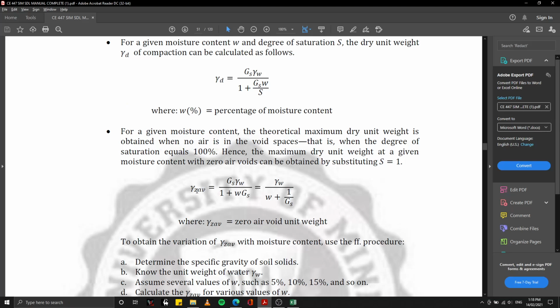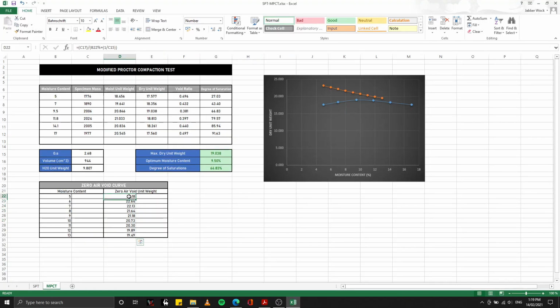Gamma ZAV or gamma zero air void is equal to Gs times unit weight of water divided by 1 plus moisture content times specific gravity, or ang unit weight of water divided by the moisture content plus 1 over specific gravity. So since meron na tayong mga values nitong unit weight of water, moisture content, and ang specific gravity, ang gagawin na natin is to plug in the values para makuha natin ang zero air void unit weight dito. Okay? Plug in mo lang dyan.